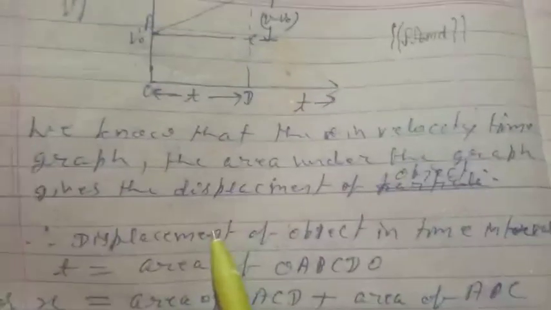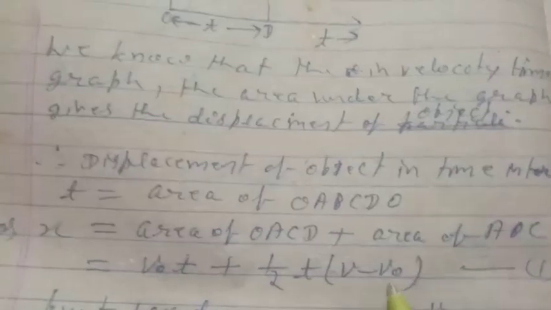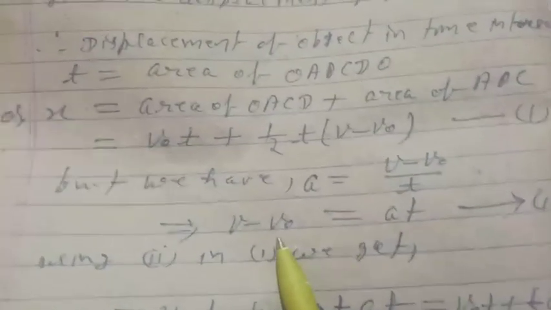Now both areas can be calculated. The area of OACD is v naught into t, plus the area of ABC, 1 by 2 into t into v minus v naught. But we have a equals v minus v naught by t. This implies v minus v naught equals at, equation 1.